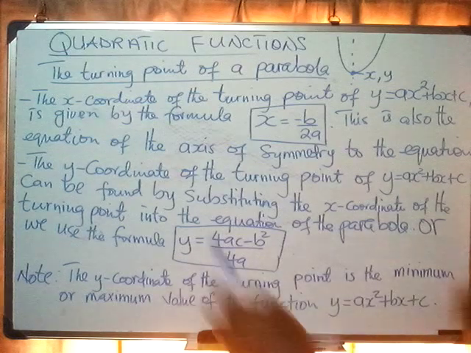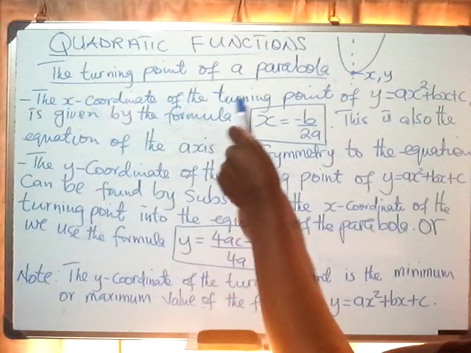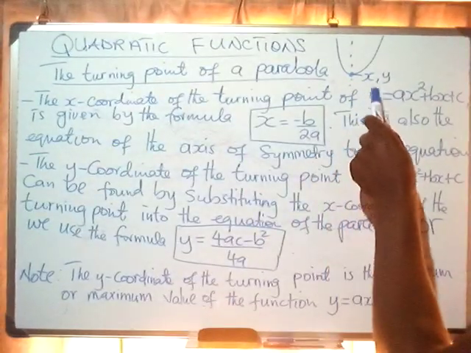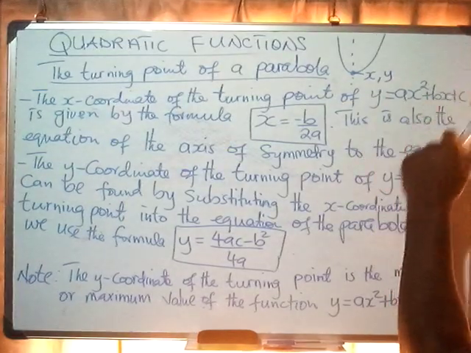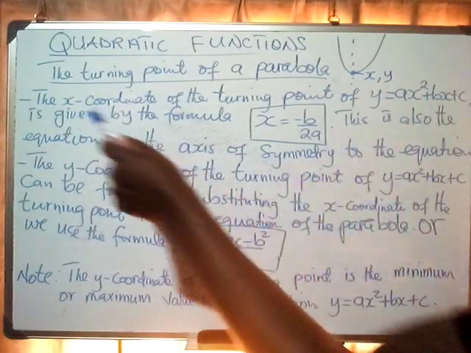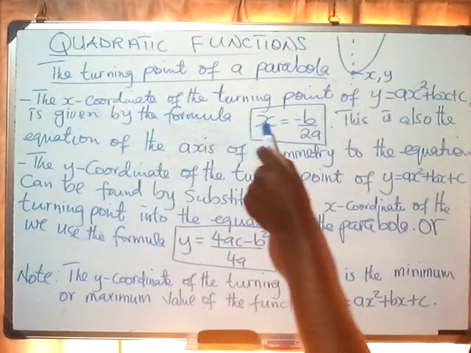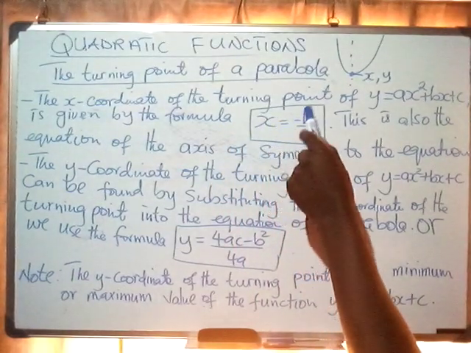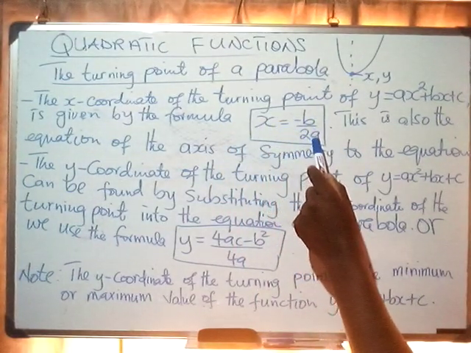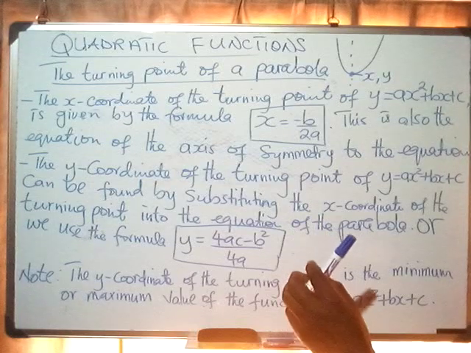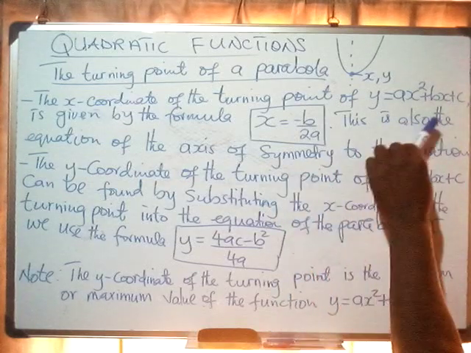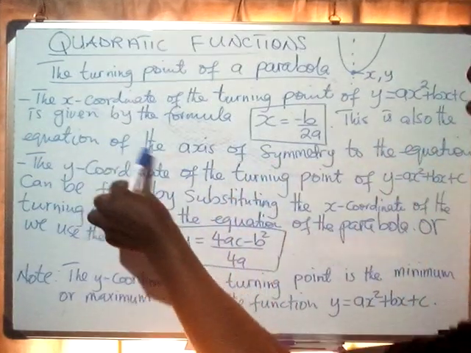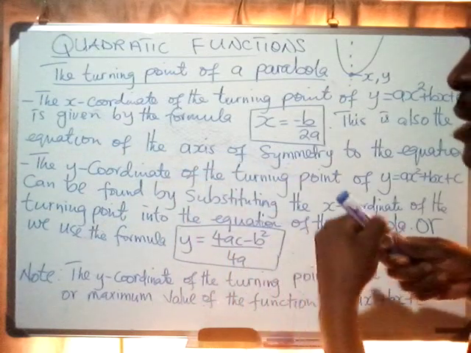The x coordinate of the turning point of the quadratic function is given by the formula x = -b/2a. This is the formula we use, and this is also the equation of the axis of symmetry.